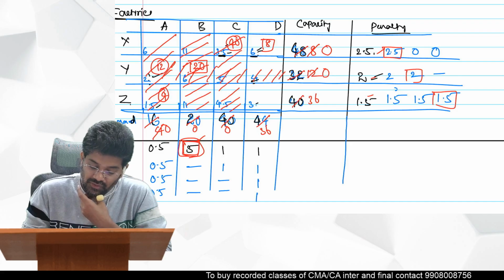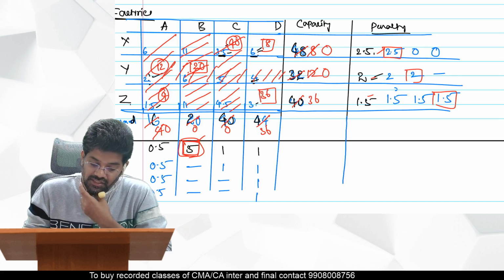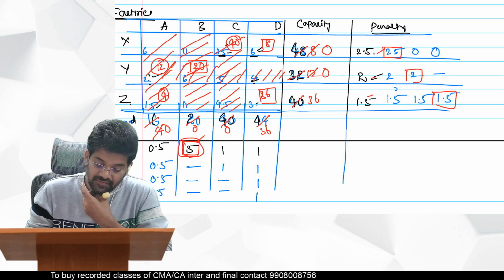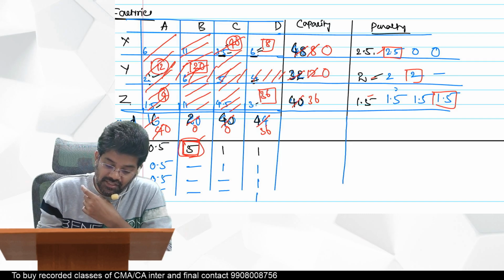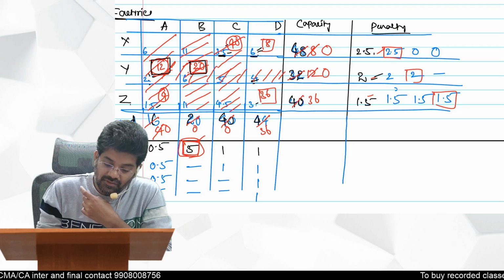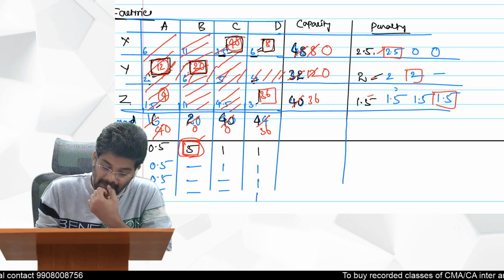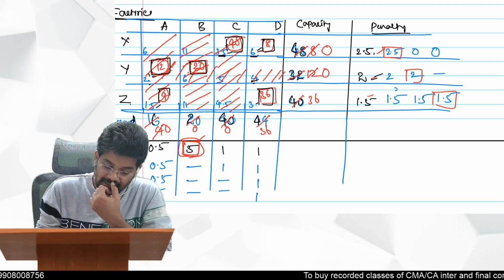And again the last one, how much can I allocate? 36 or 36. So 36 I am getting. So these are my allocations. Where did I get allocations? This one is one allocation. 12, 20. This is one allocation. 40 here. These are units. 36, 40.